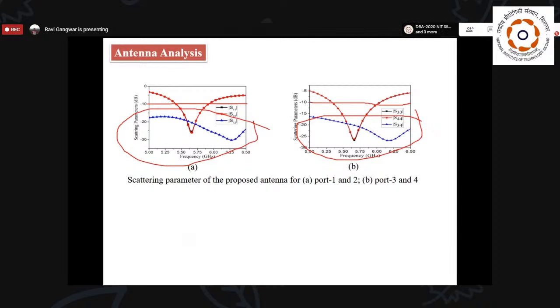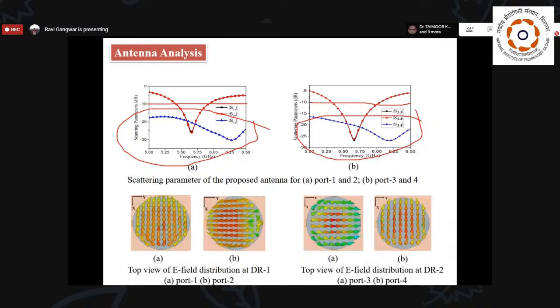And if the port to port isolation is good, that means we get good ECC, and then we have to check the last one, that is field correlation. So when we look at field correlation, if you analyze the structure, we use an orthogonal feeding mechanism. That means we generate orthogonal modes.